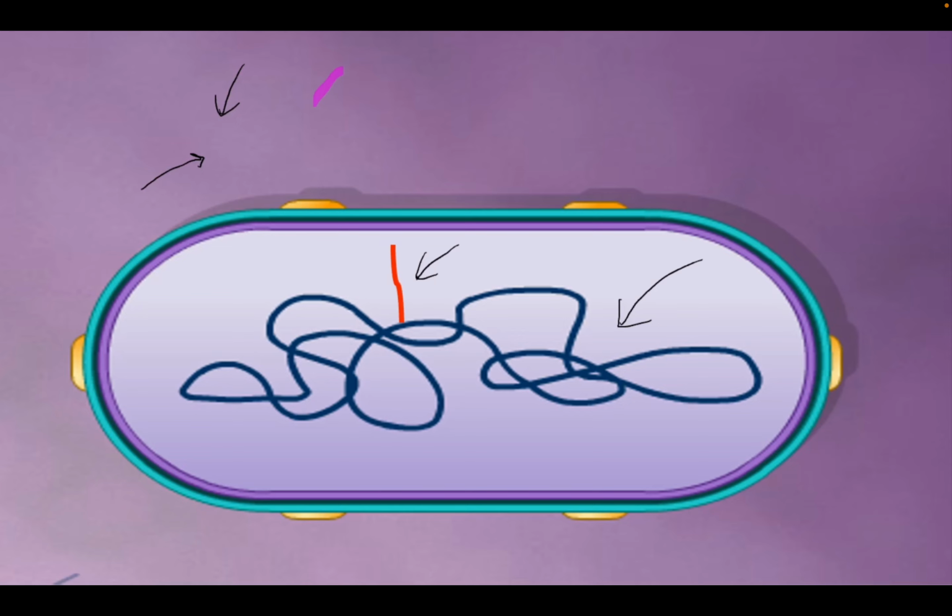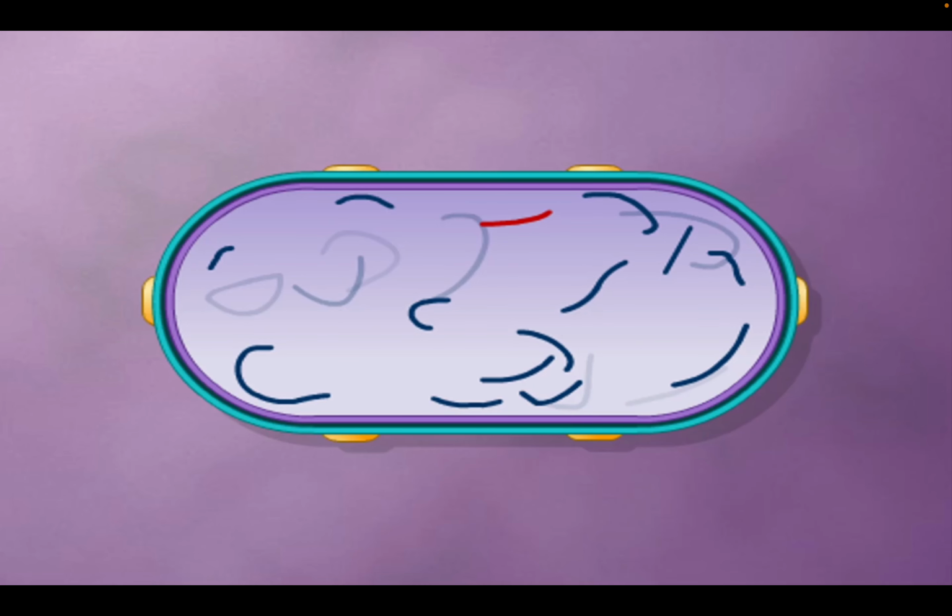But what happens right after bacteriophage infection of the bacteria, the phage enzyme will be produced. And that phage enzyme will break down what? Will break down the host DNA or the bacterial DNA into smaller fragments.